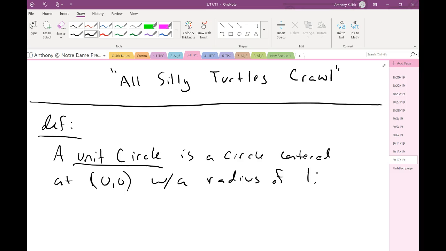So what we're going to do is define something called a unit circle. A unit circle, which I think I mentioned earlier, is just a circle that's centered at the origin and has a radius of 1.